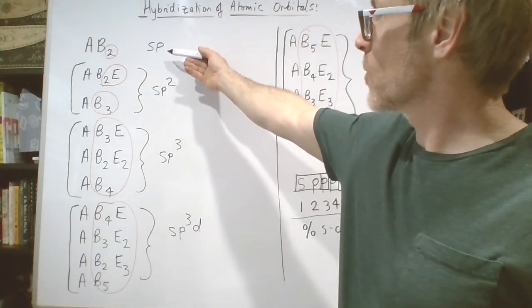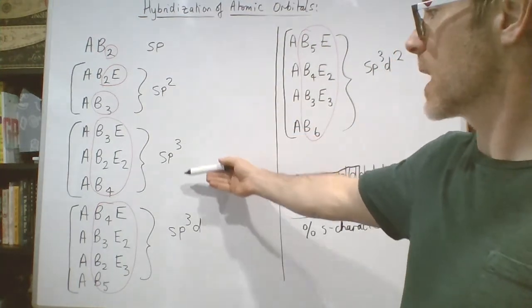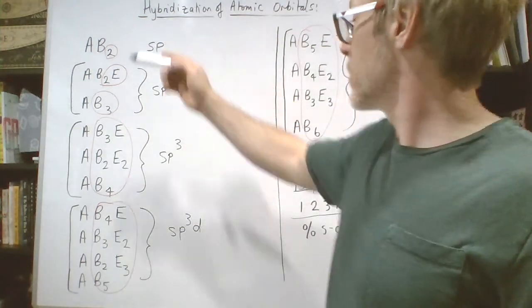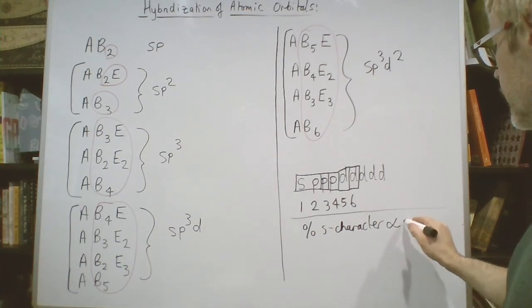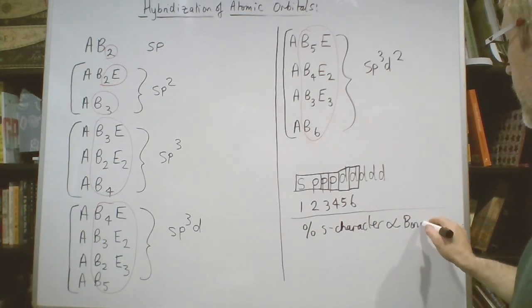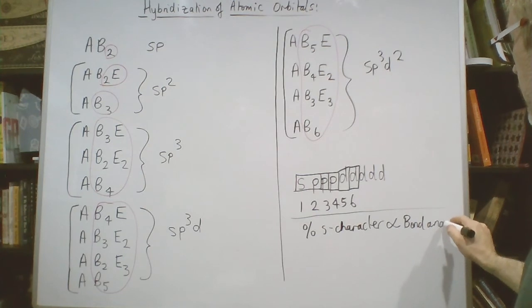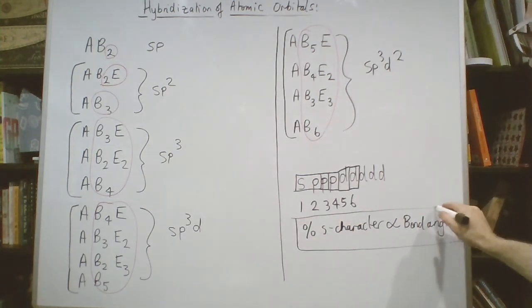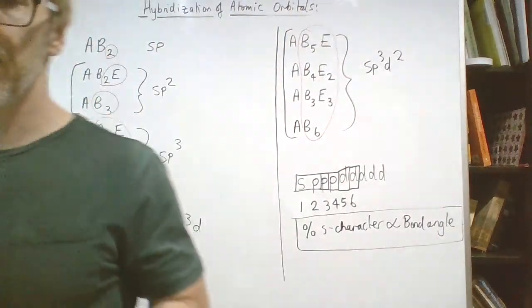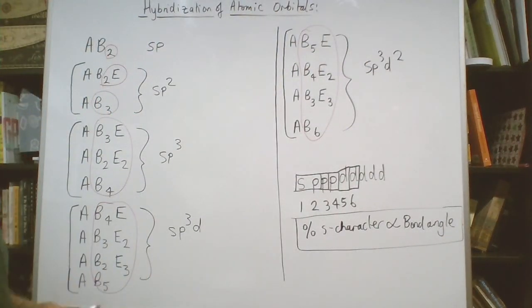So as we go down here, we're reducing S character. So we know that the bond angle is proportional to S character. So that's the one final comment that I would make. And I think this will conclude this short video.